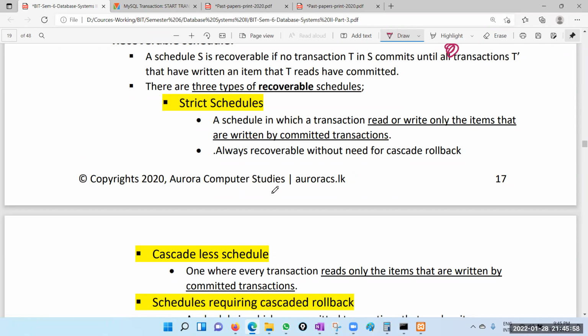We call them cascadeless: when there is no cascading rollback, nothing needs to be rolled back, so they recover easily. But there are some schedules which are recoverable but only after doing some cascade rollbacks. Some schedules are not recoverable, some schedules are recoverable but we need to do cascade rollbacks, right? Some schedules are recoverable in the general way.